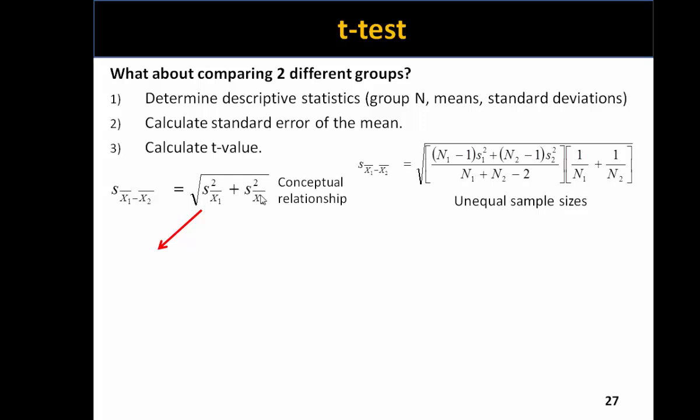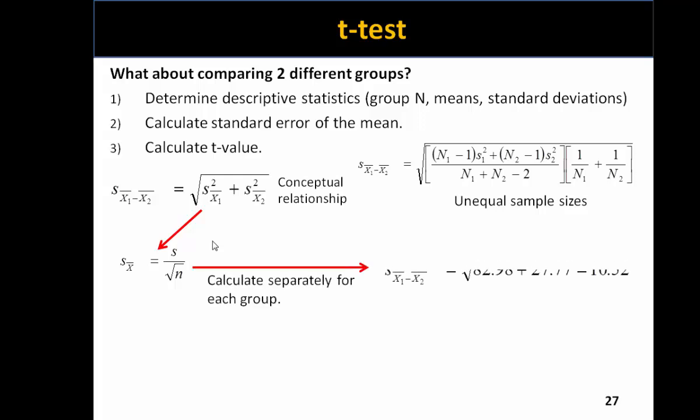So to calculate the standard error of the mean for the differences, we have to first calculate the standard error of the mean for the first group, which is equal to the standard deviation of the first group, remember, this is what we obtained from our descriptive data, divided by the square root of the sample size of the first group. We would then repeat that for the second group.